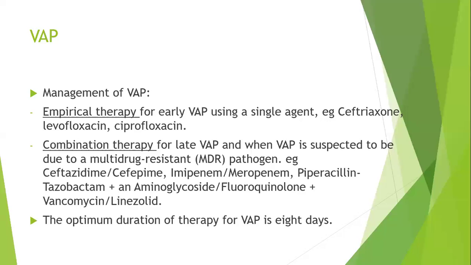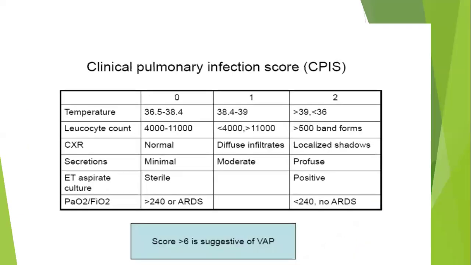Or when VAP is suspected to be due to multi-drug resistant pathogens, you want to use combination therapy, like ceftazidime, cephalosporins, and a carbapenem, which may be useful in this group of patients. But remember that the optimal duration of treatment for ventilator-associated pneumonia should be a minimum of 8 days, especially for late VAP.